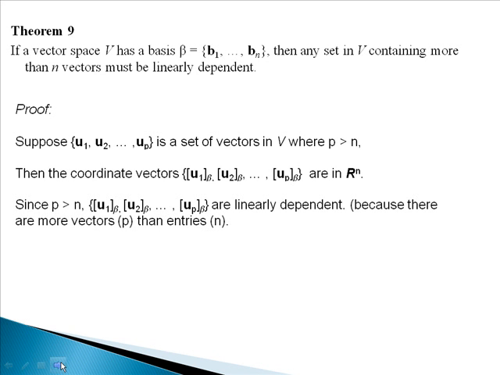Since p is greater than n, we know that the set of the coordinate vectors are linearly dependent. And that's because there are more vectors p than there are entries n, because these vectors are in Rn space. Therefore, the set containing those vectors u1 through up is linearly dependent. And that is from something we looked at in section 4.4.